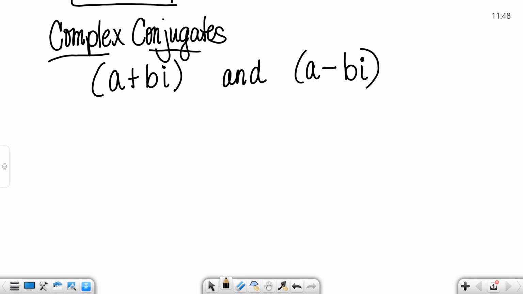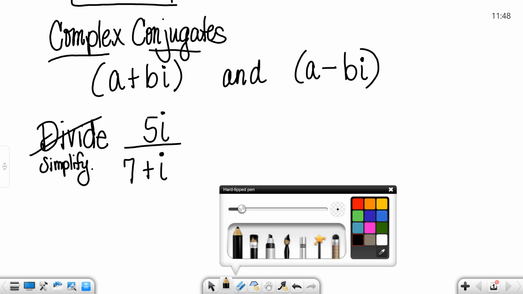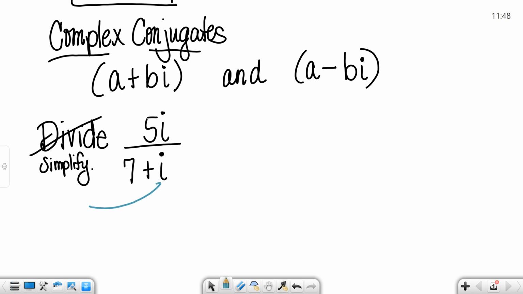Now the reason that's helpful is if you are asked to divide 5i by 7 plus i, or let's say you're asked to simplify. Let's say it didn't say divide, it said simplify. Well, the problem here is you may be like, oh, I'm not sure what I can simplify. Remember, i is the square root of negative 1.